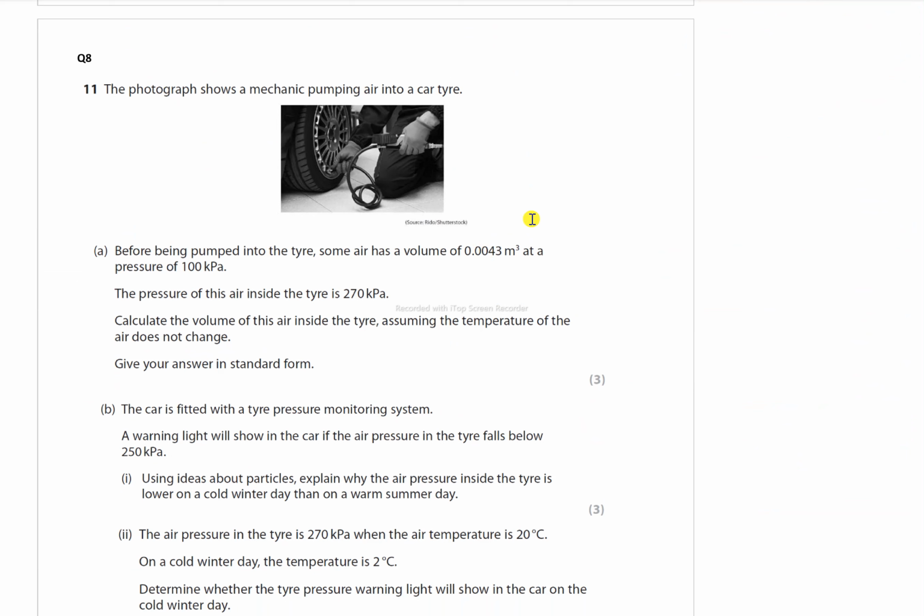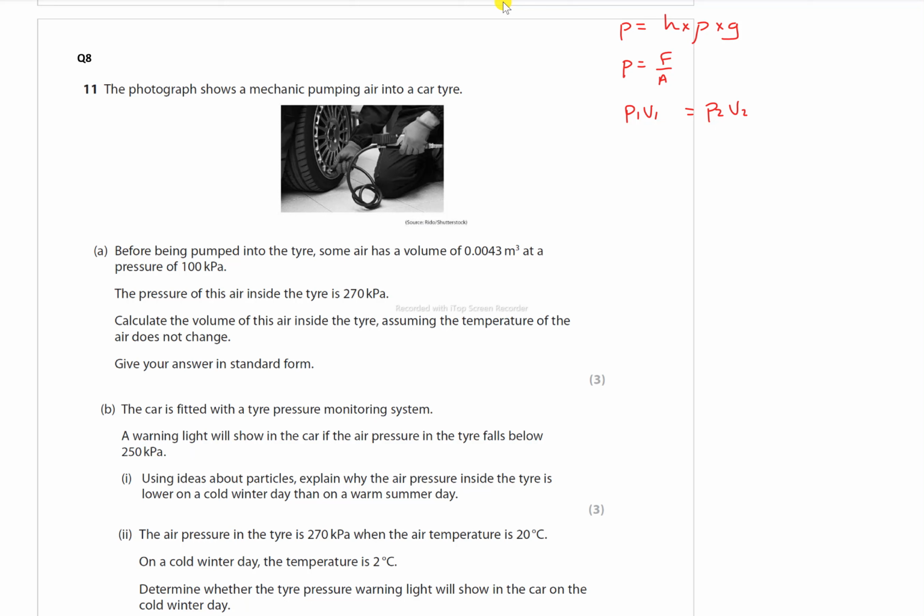Right, okay, let's try to do this one. That was a long question. Right, photograph shows mechanic pumping air into car tire. We just go over the formula. So we know pressure equals height times density, which is rho, times gravity. We also know pressure is force over area. We also know pressure 1 times volume 1 equals pressure 2 times volume 2.